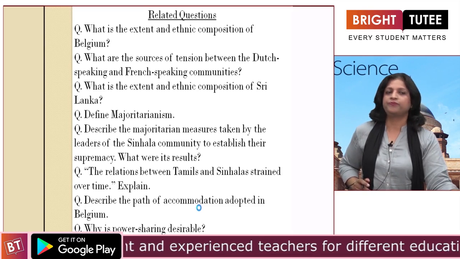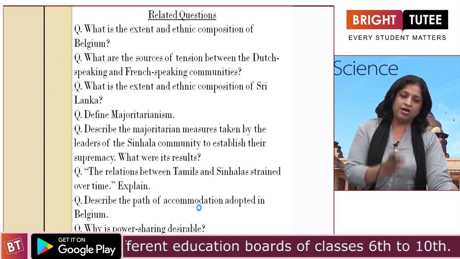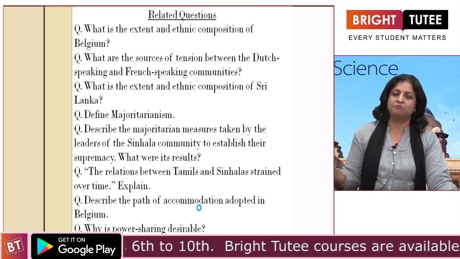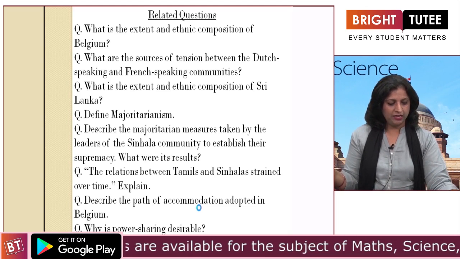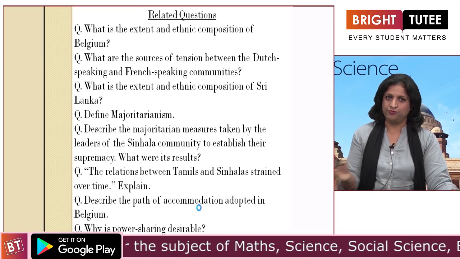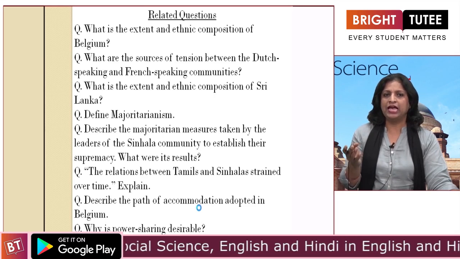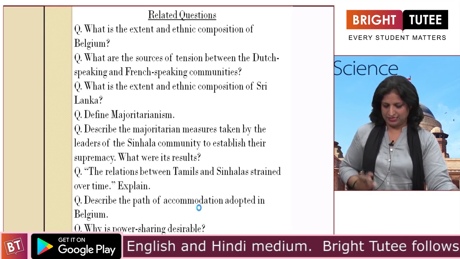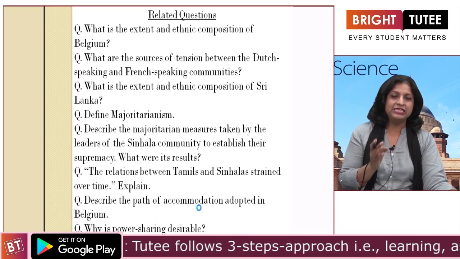Then we have seen in both the countries that Belgium, because they had a power sharing model, there was peace, there was prosperity. But Sri Lanka did not have power sharing. They have a majoritarian form of government. So they have civil war, bloodshed, killing. Economic development comes to a standstill. So that is how we have seen that power sharing is very desirable.